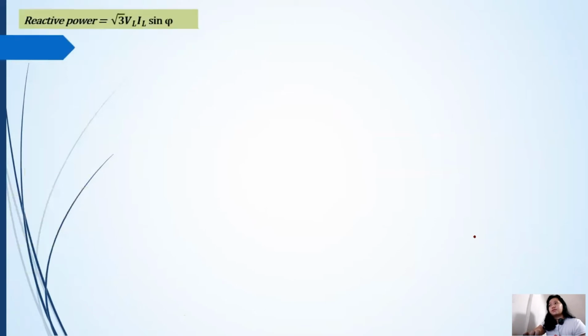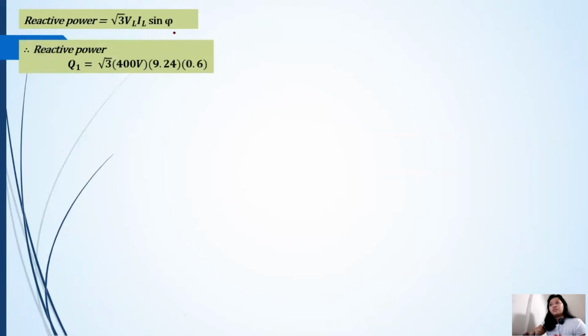So next, let's continue. For the reactive power, we have the square root of 3 times line voltage times the line current times sine phi. Since we already solved the sine phi, which is the 0.6 from the last slide, we'll just substitute the values. The square root of 3 times our line voltage of 400, and the line current is 9.24, and the sine phi is 0.6.